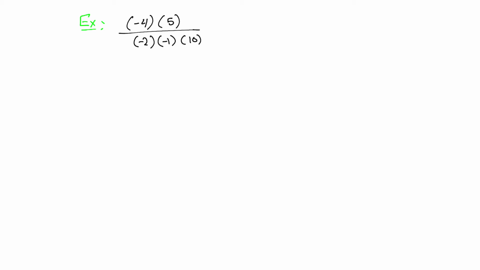Yes. And it's okay if you didn't get that the first time. What I want to mention, there are 3 negative numbers. There's 1 negative number in the numerator, 2 negative numbers in the denominator. A total of 3 negative numbers. That's odd, which means the result will be negative.